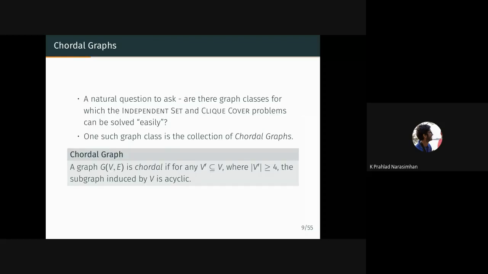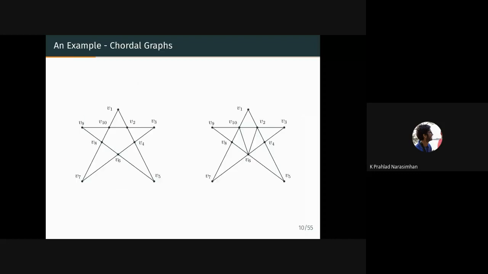It says that the graph induced by V dash must be acyclic, but the graph induced by those vertices that I pointed out, 2, 4, 6, 8, and 10, is cyclic, right? And of size greater than 4, it's of size 5. So therefore this is not chordal.